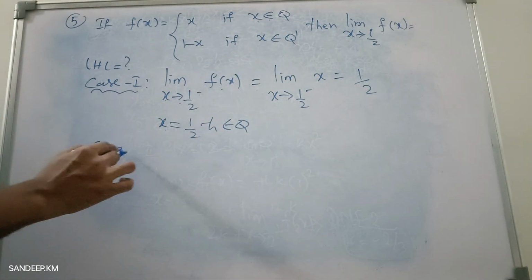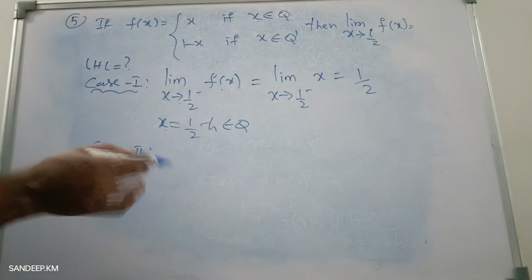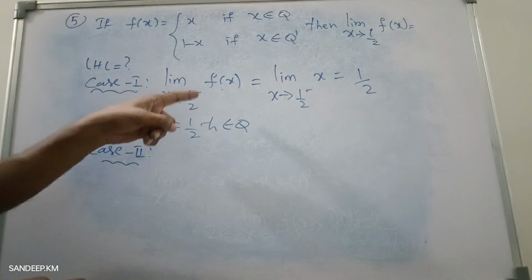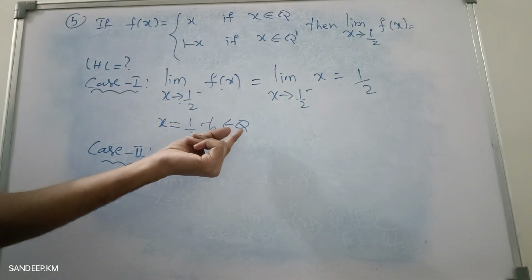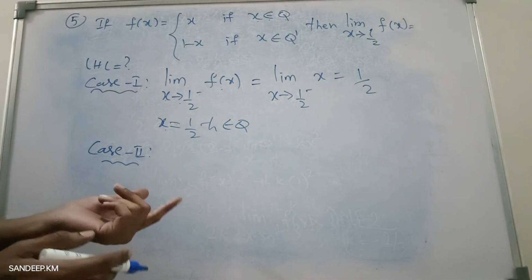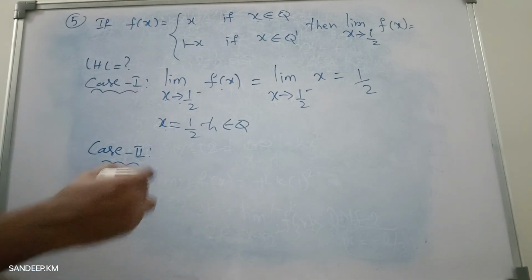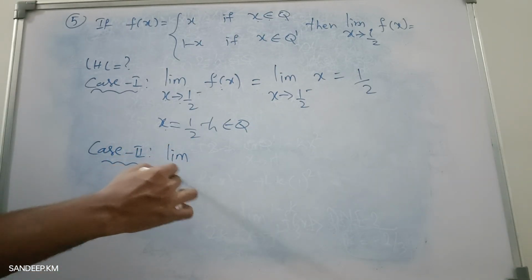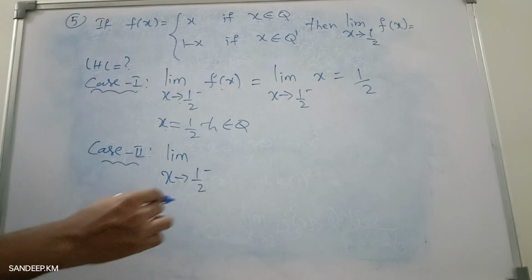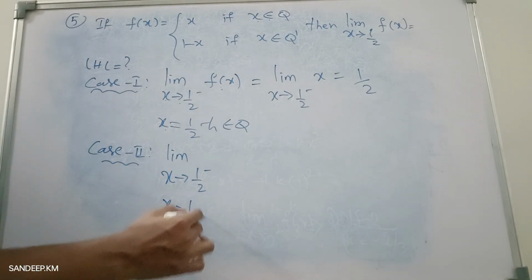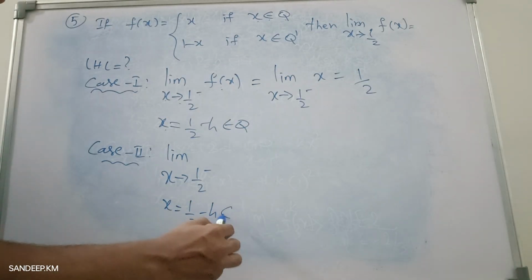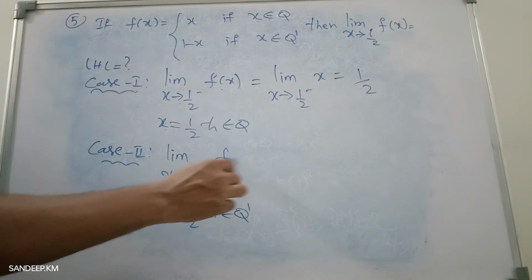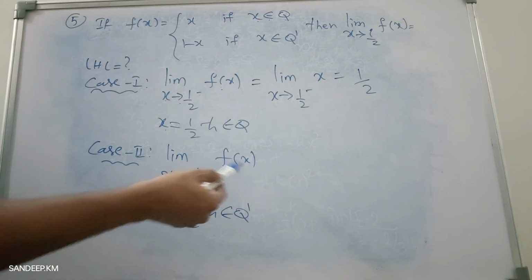Now in case 2 also we are finding the left hand limit only. In case 1 we have taken the x value as a rational number, and in case 2 we will take the x value as an irrational number. So once again we are finding the left hand limit, x approaches 1 by 2 minus. That means x is equal to 1 by 2 minus h. And what if this number is an irrational number? So limit x approaches 1 by 2 minus f of x.